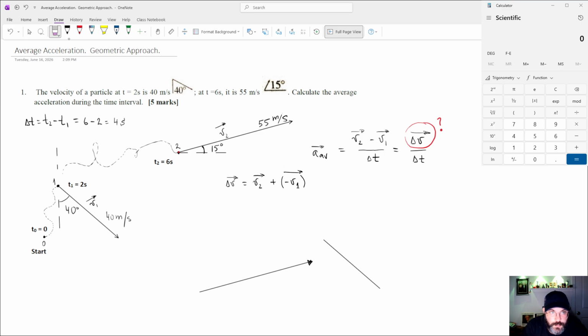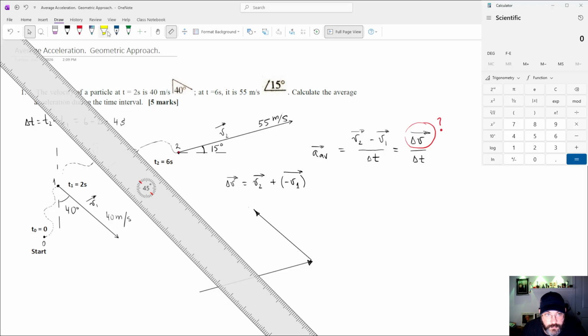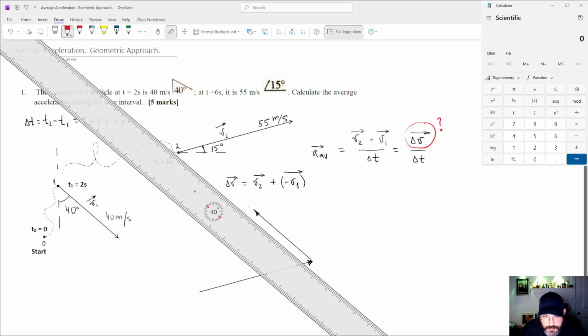Okay, it's going to be pointing in the opposite direction. So let's first move it into place. So this is going to be tip to tail rule. So we need to move it there. And let's put the direction opposite, right? So it's going to be opposite. Okay, so let's draw a couple of horizontal lines.